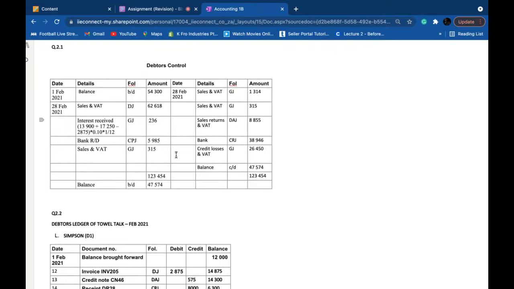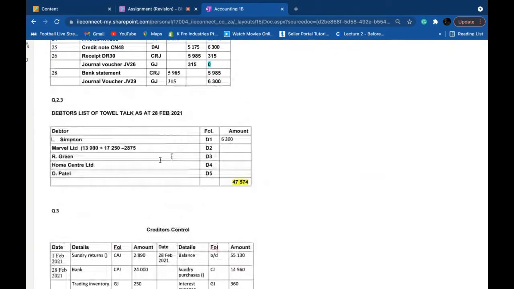This 236. So we come here and we say plus 236. Those brackets, and then the amount you should have come to over there is 28,511.